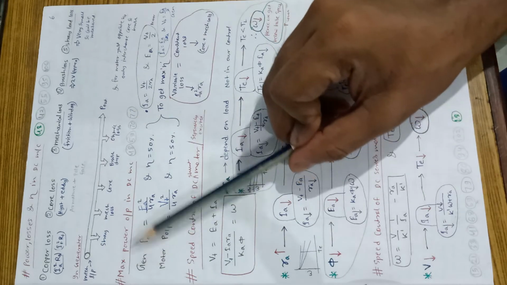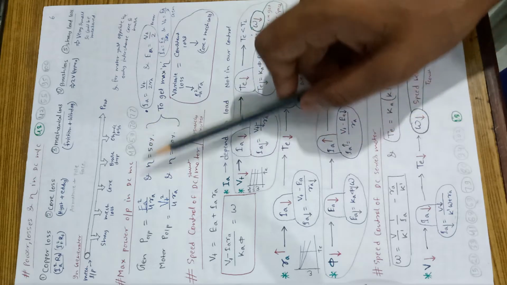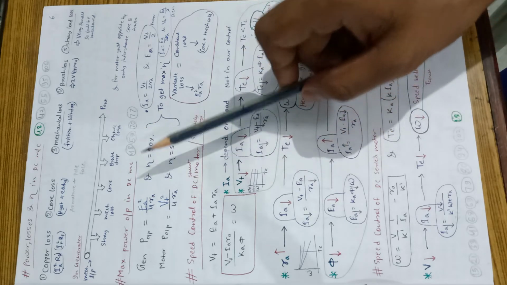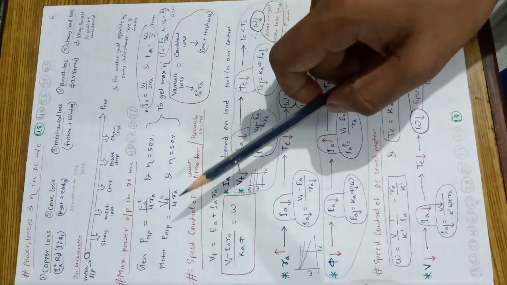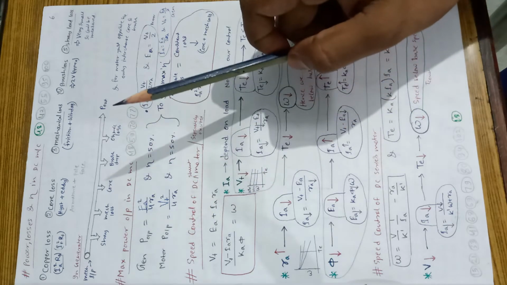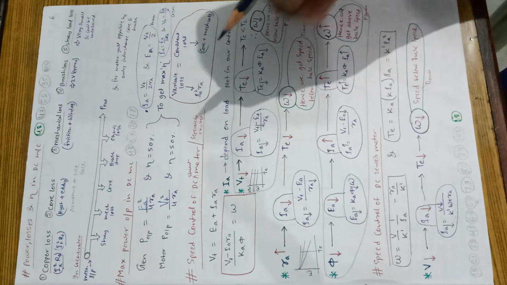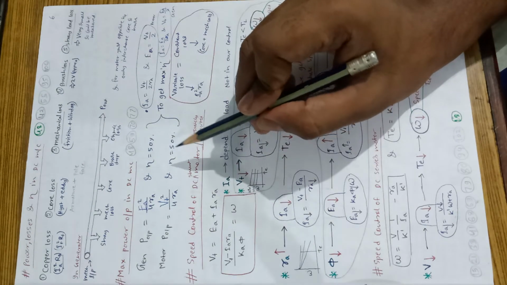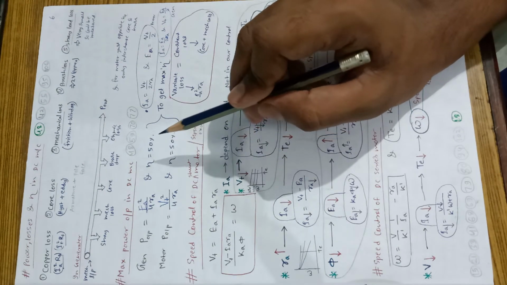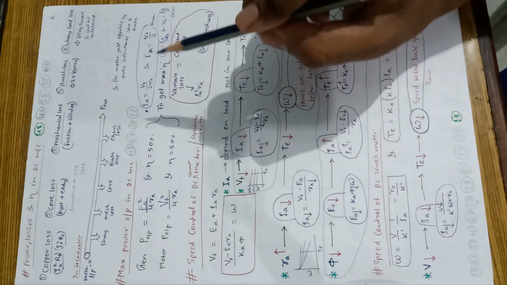When we talk about maximum power output in a DC machine, first let us consider a generator. For a generator, the power output is terminal voltage into armature current, Vt Ia.